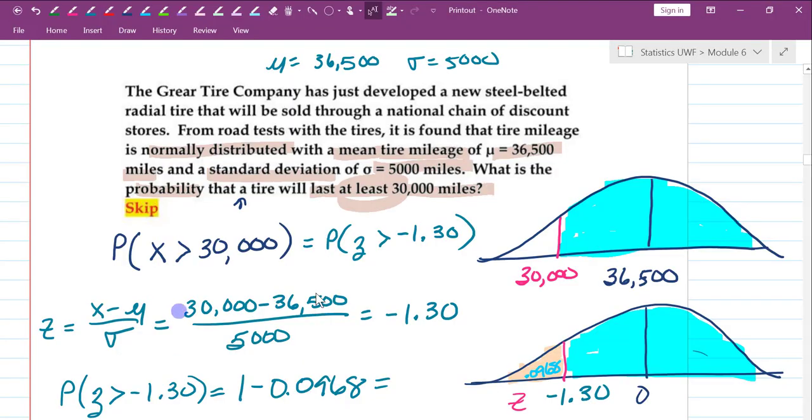And we're going to punch that on our calculator, and we're going to find out that 1 minus 0.0968 is equal to 0.9032. So right over here is 0.9032. Same thing right up here, 0.9032.